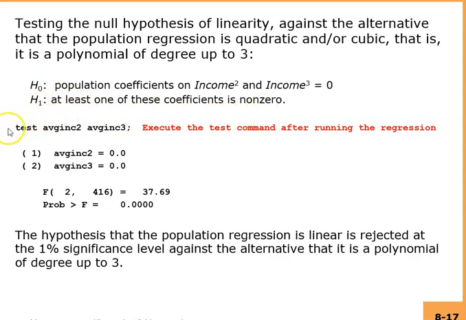To do this test, you simply type the test command in STATA and then type in your quadratic and cubic variables after that. According to this test, the null hypothesis is rejected even at the 1% level of significance. So it simply means that the alternative, that the polynomial is of a degree up to 3, is the true relationship. And the relationship between average income and test scores is not a linear relationship.